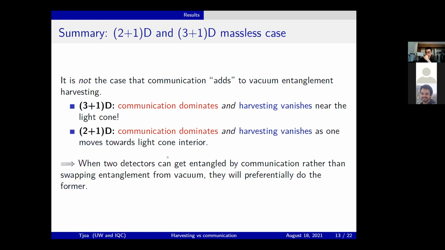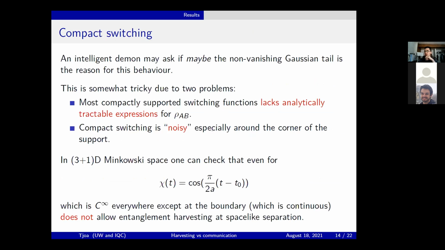The same story essentially persists for 2+1 dimensions, except for the way they contribute at the light cone and in the interior. But the story is still the same: the moment the detectors see that they can use the communication channel mediated by the field, they will just forget about entanglement swapping with the vacuum and try to get entanglement via the wave propagation itself.